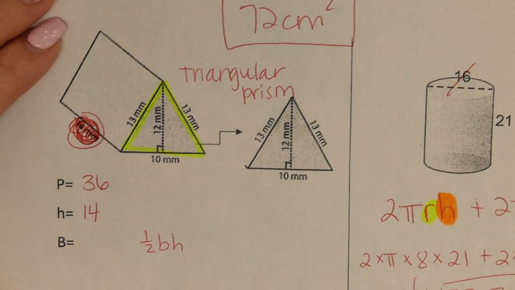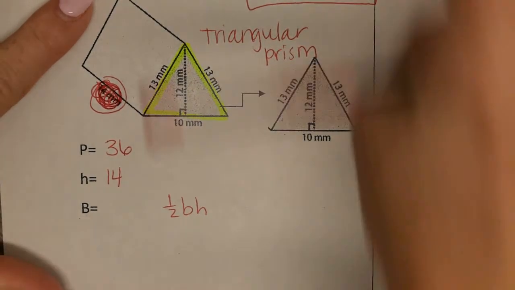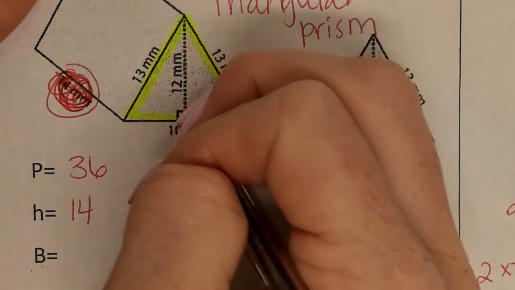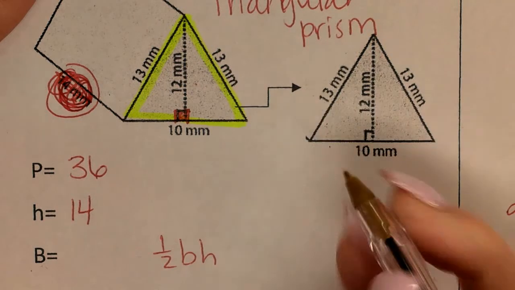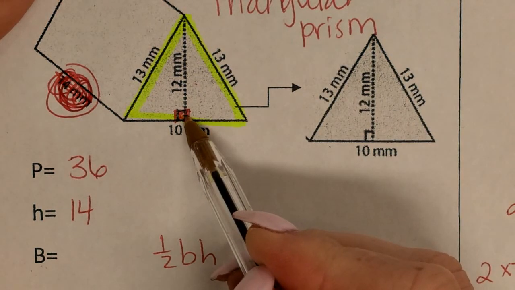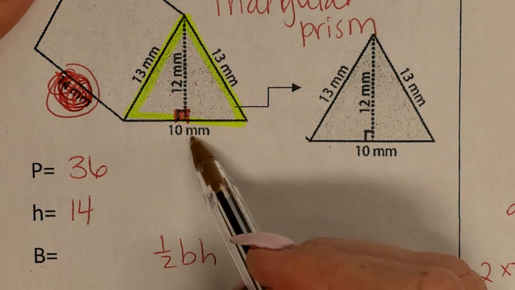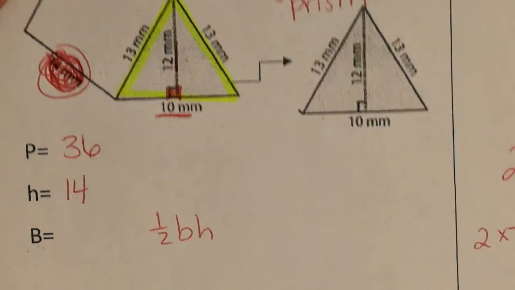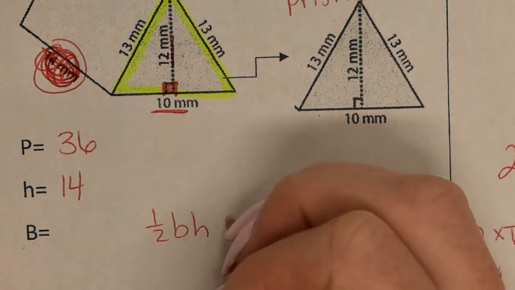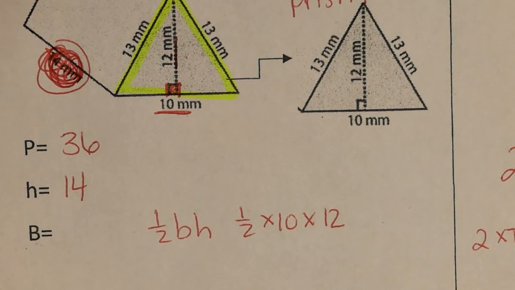base times height. Does anybody remember how I told you to get the 2 numbers for the base times height? Find the what? What is this thing called right here? Find the right angle. What 2 numbers are making that right angle? 10 and 12. So you're going to do 1/2 times 10 times 12.